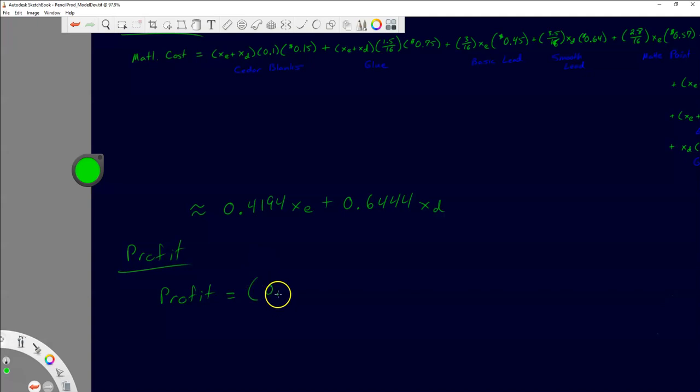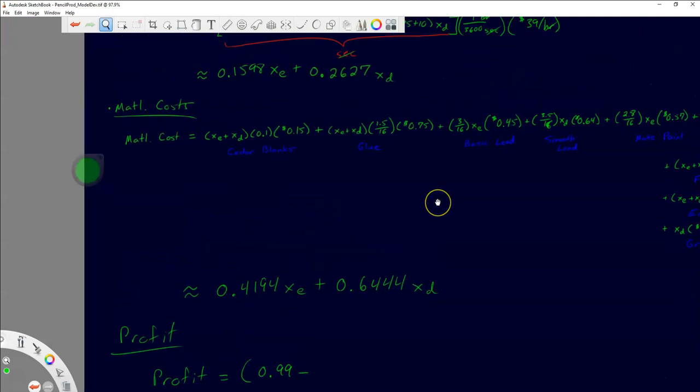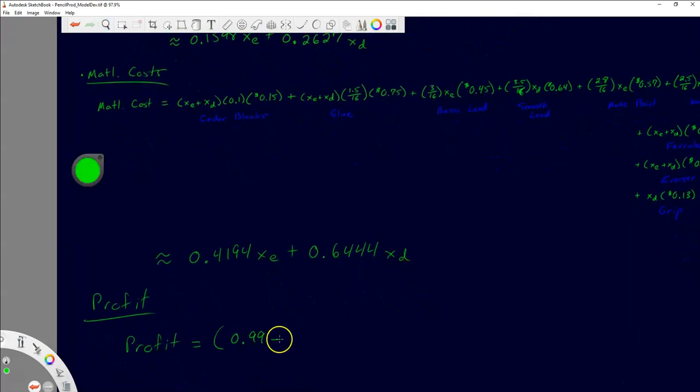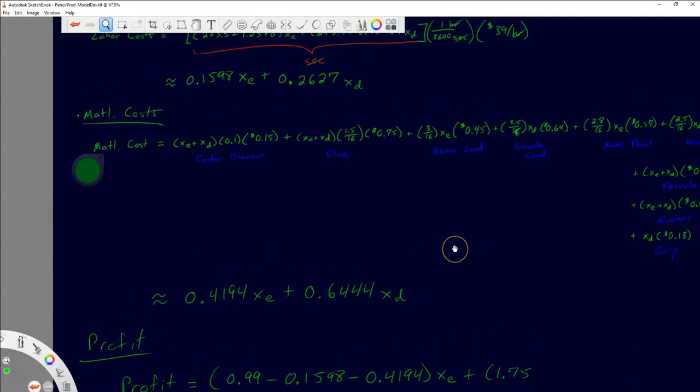I think it was 99 cents was the sell price for the economy pencil. The labor cost was 0.1598. And then the material cost is 0.4194. It's all times x sub b. And then for our deluxe, I believe that was selling for $1.75.